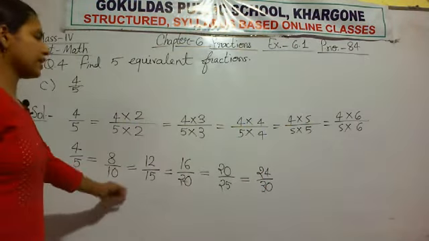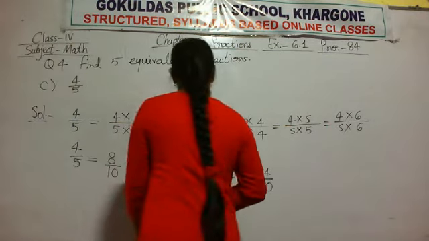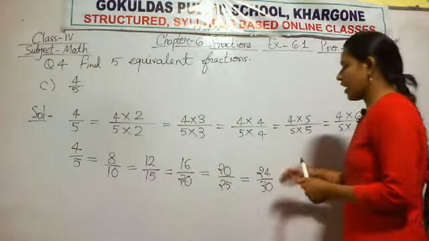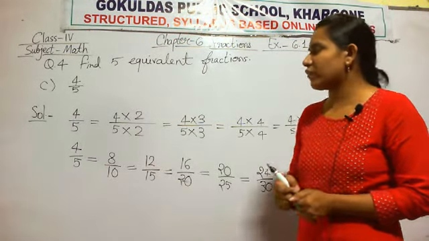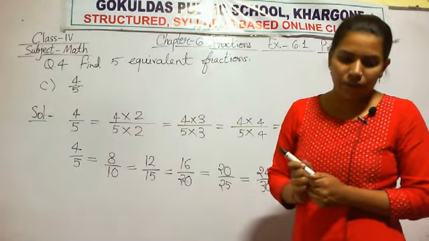So 8 upon 10, 12 upon 15, 16 upon 20, 20 upon 25 and 24 upon 30, all these are 5 equivalent fractions of 4 upon 5.